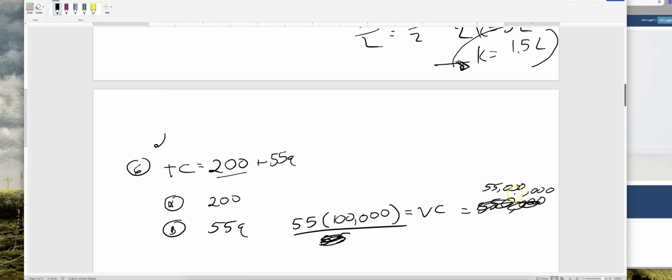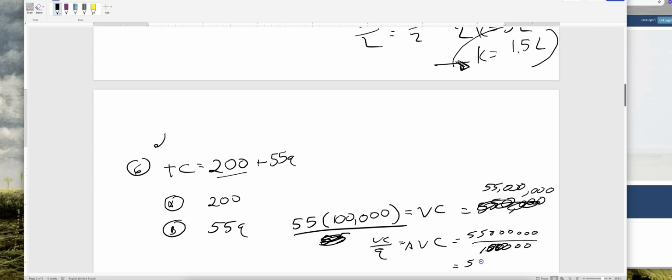55 million. But then the average variable cost, which is what's asked here, would be the 55 million divided by 100,000, because it's going to be the total variable cost divided by the quantity.